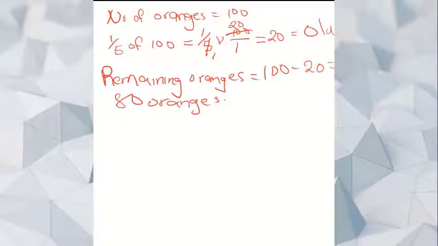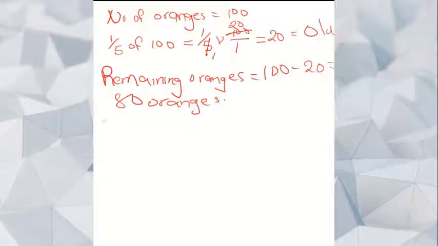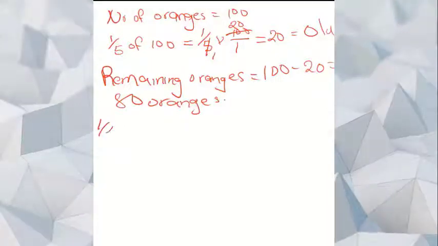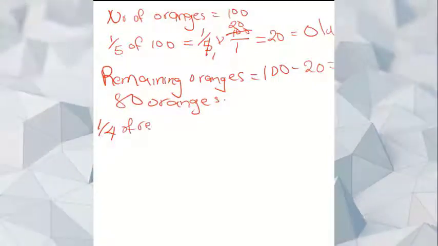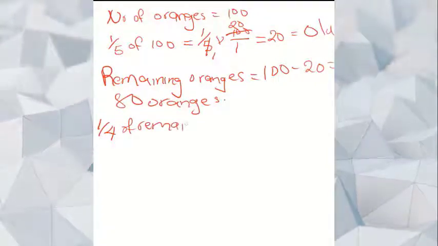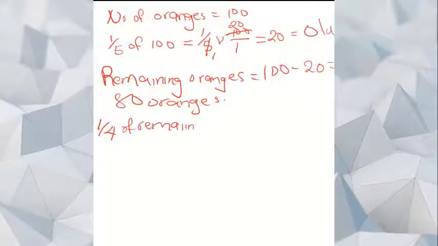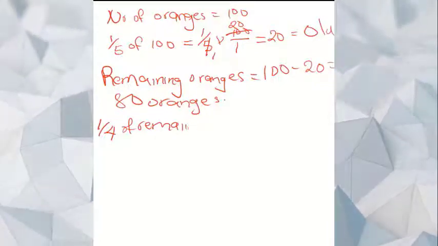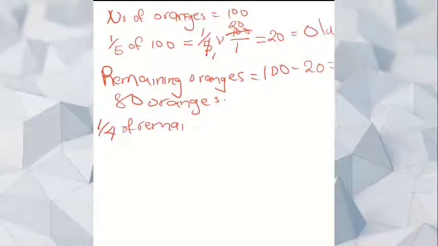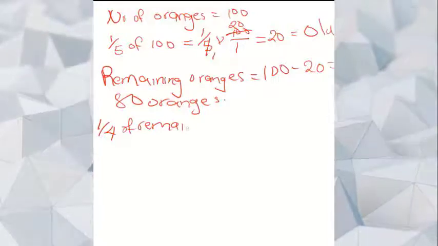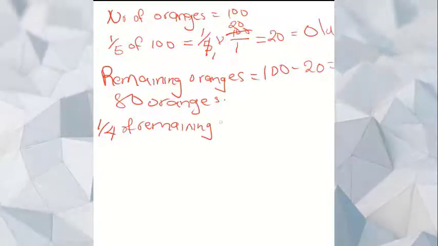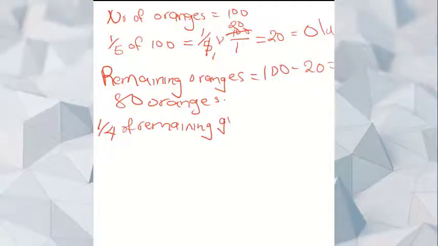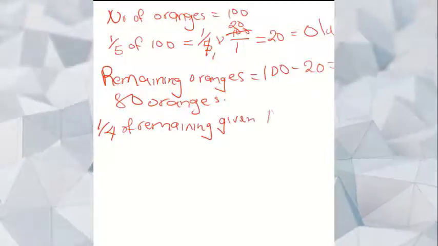And then it says 1/4 of the remaining is given to Ade.